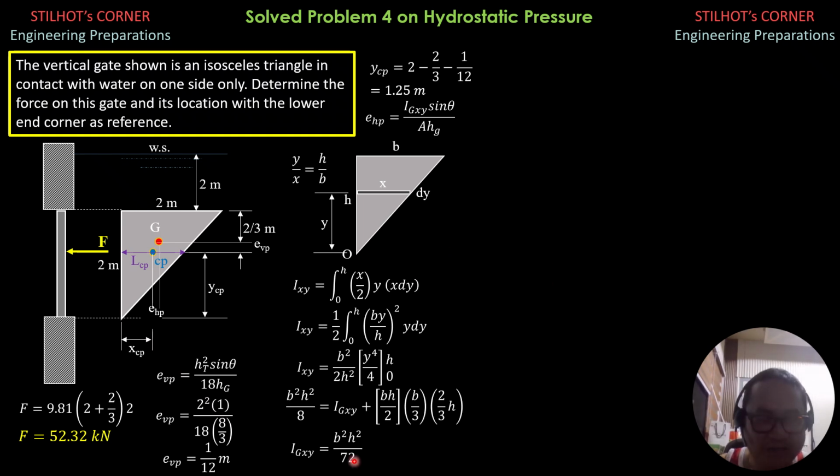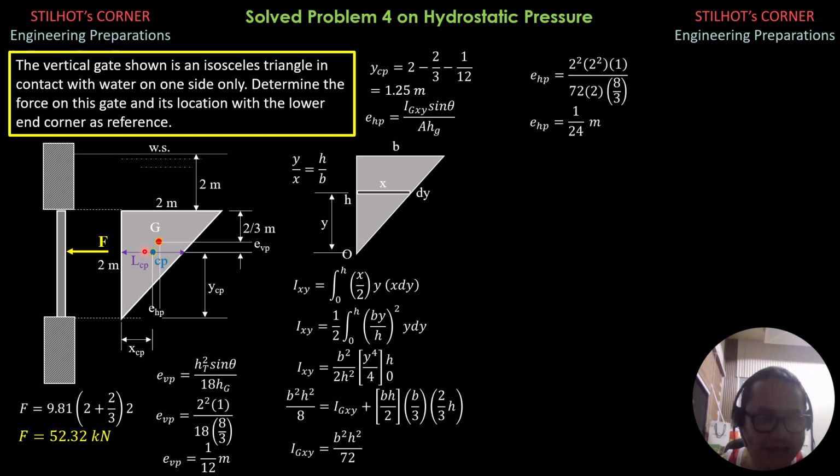So that's the formula. What is e sub HP? The formula for e sub HP is Igxy sine theta over area times hg. You'll just look at the derivation of this formula. So b squared h squared is 1 over 72. That's Igxy. Then divided by area, the area of the triangle is 2, and this is hg. So solving for e sub HP, it is 1 over 24 meter.